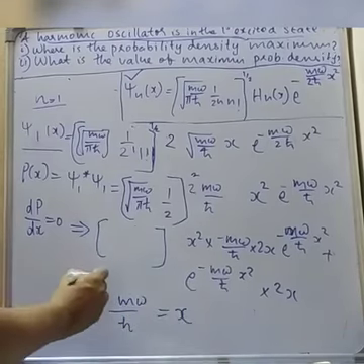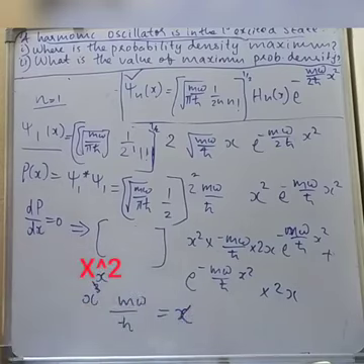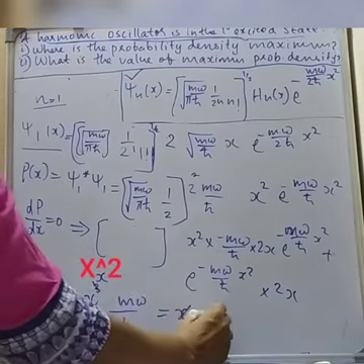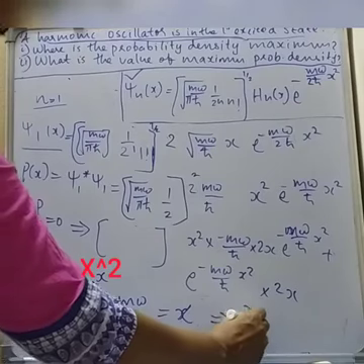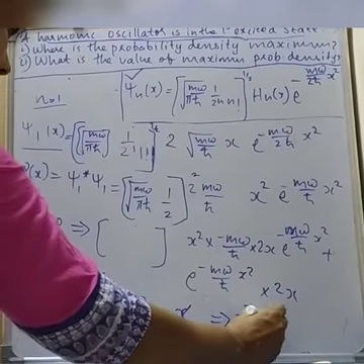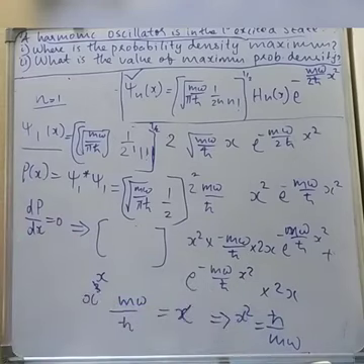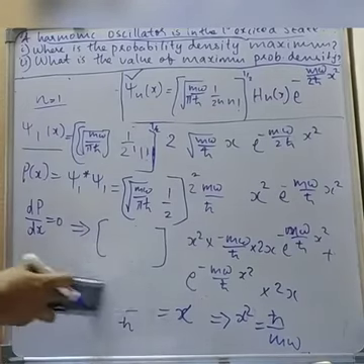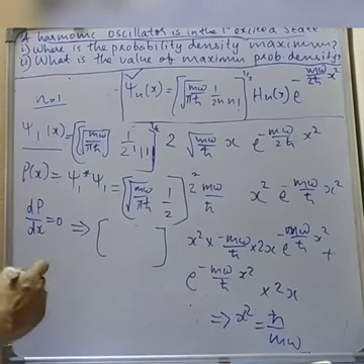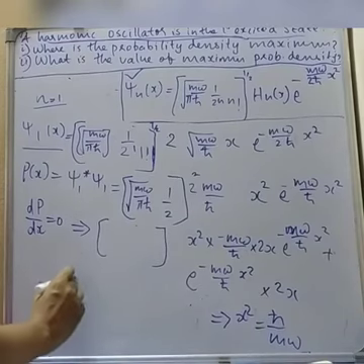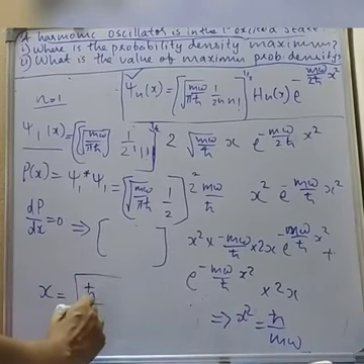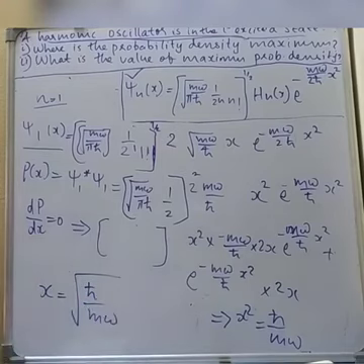One of the x can be cancelled. So we have x square is equal to h cut by m omega. Take this one to the right hand side, so x is equal to square root of h cut by m omega.